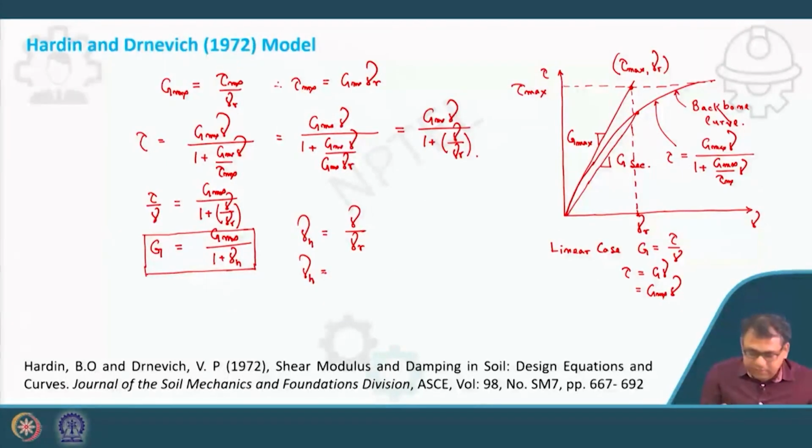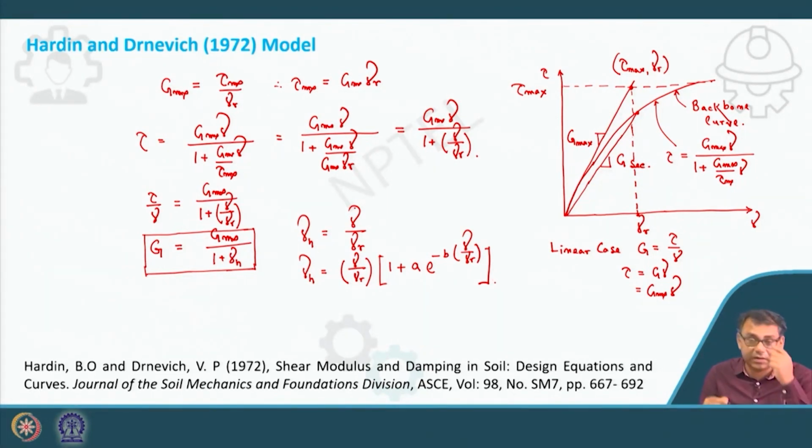So that's why this strain H is further written in this form, with an additional term: 1 plus A e to the power minus B into strain by strain reference. This is the strain H, strain divided by strain reference, but it is observed that if I represent strain H in this form, then this equation can simulate this curve in a better way.